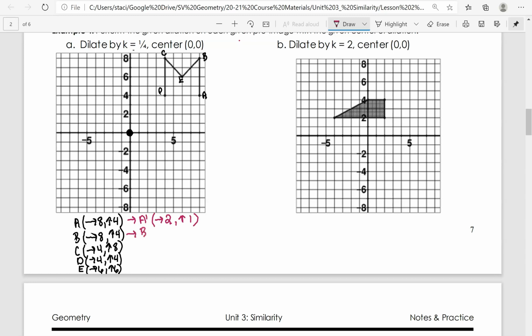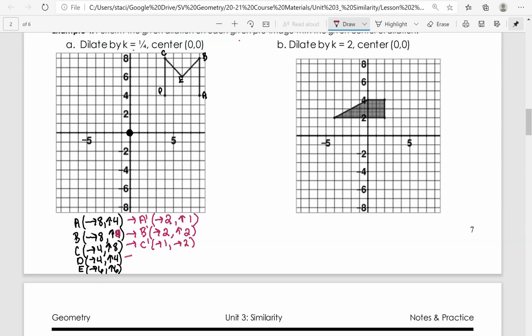And then for B prime, 8 divided by 4 is also 2. 8 divided by 4, that should have been an 8 there, so I'm going up 2. For C prime, 4 divided by 4 means now I'm going over 1. And instead of going up 8, I'm now going to go up 2.